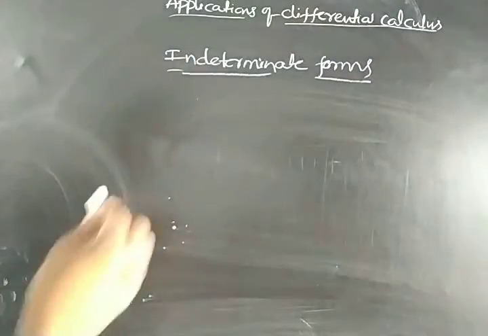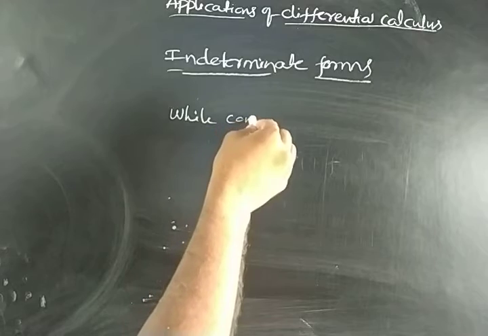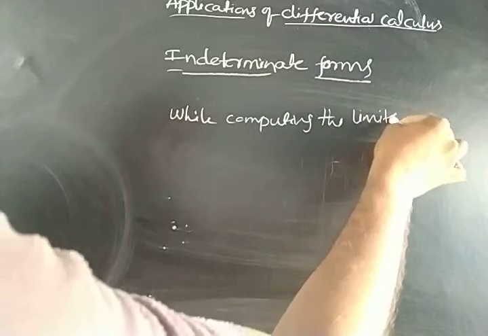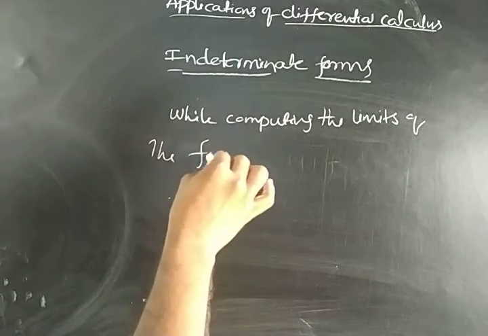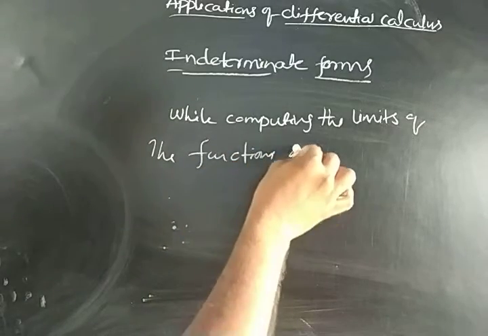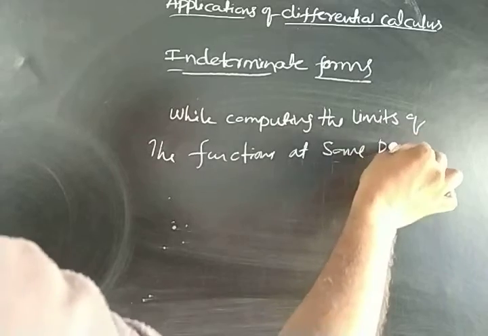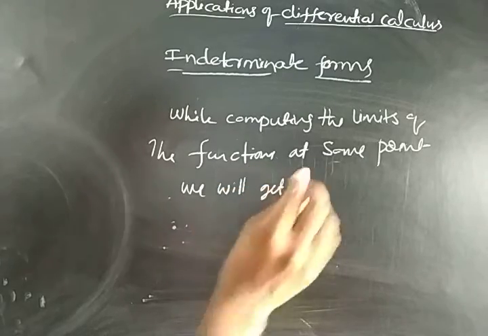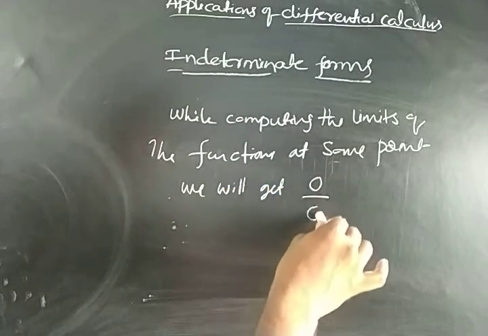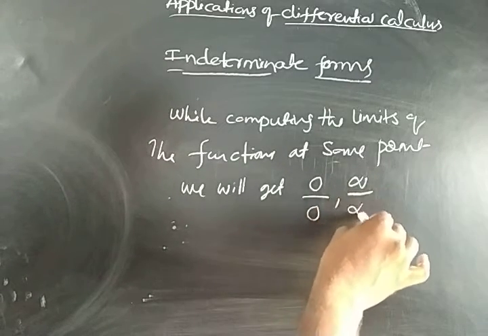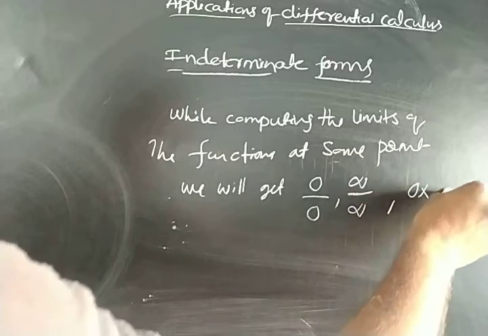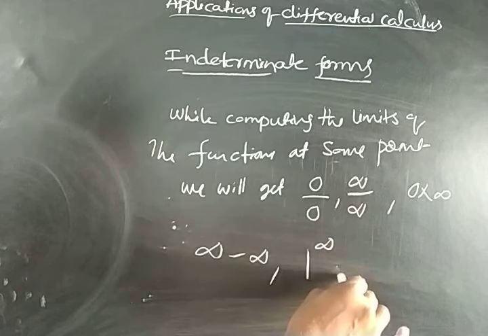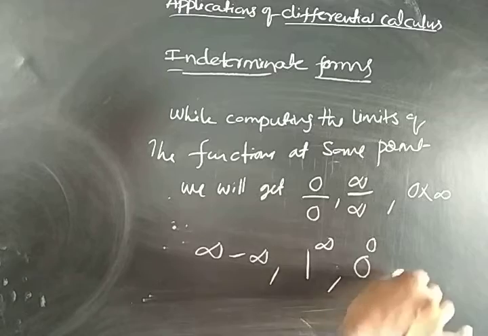Indeterminate forms means that while computing the limits of functions, at some point we will get these forms: 0 by 0, infinity by infinity, 0 into infinity, or infinity minus infinity, or 1 power infinity, or 0 power 0, or infinity power 0.